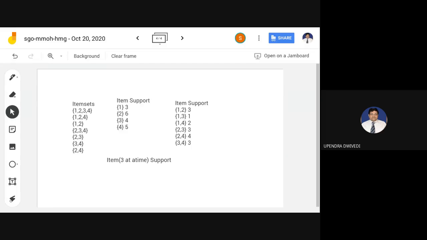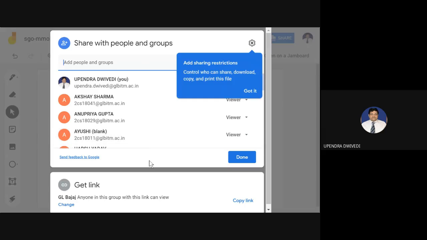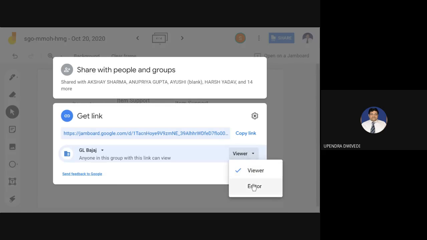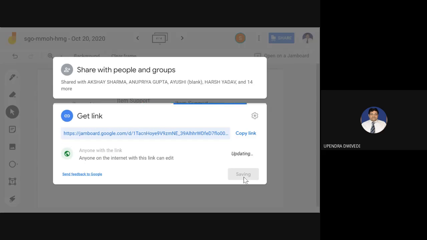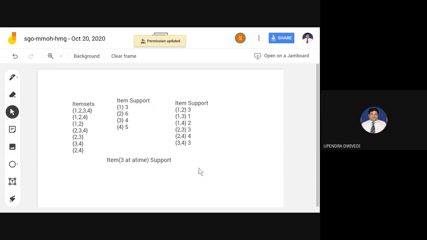Okay, it is view only. Okay, you can use the chat box. Let me change the settings now. Now is it editable?